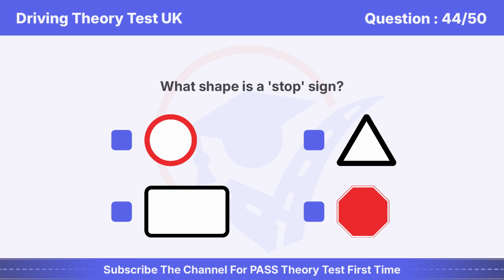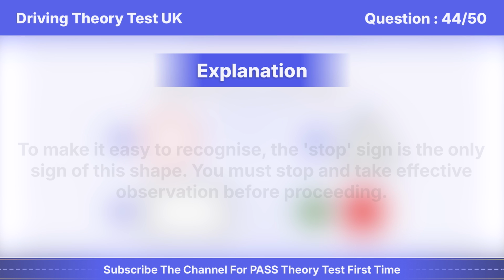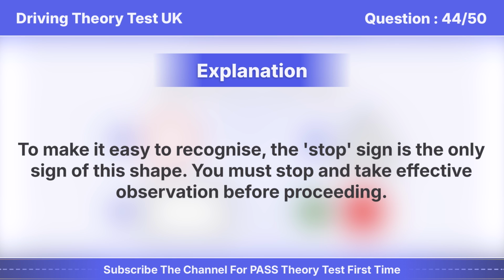Question 44. What shape is a stop sign? Answer is D. To make it easy to recognize, the stop sign is the only sign of this shape.